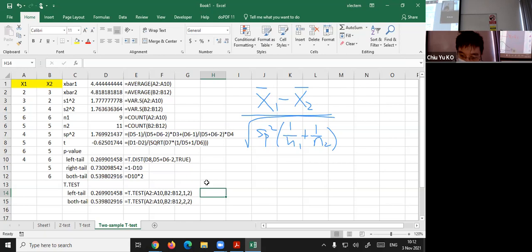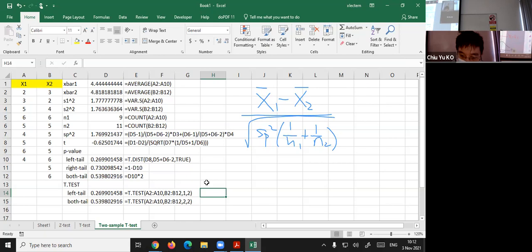If you do it by hand, the difficult part for the unequal variance is the degree of freedom, which is a monster.